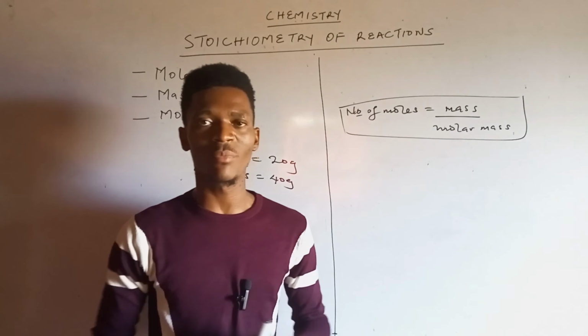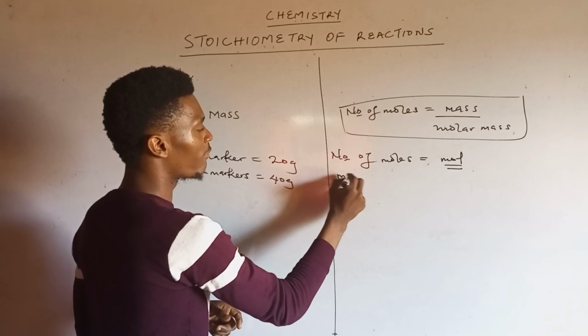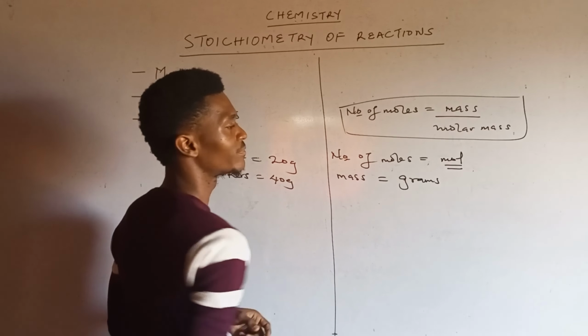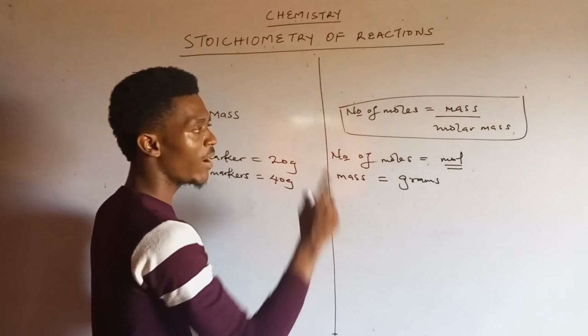Mind you, number of moles of any substance is measured with the unit mole, while the unit of mass is grams, and the unit of molar mass is gram per mole.